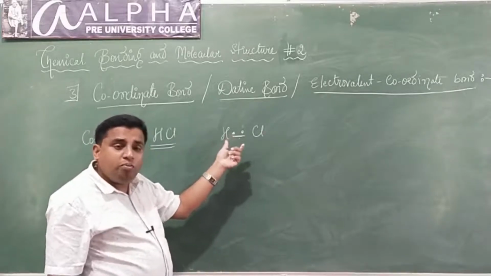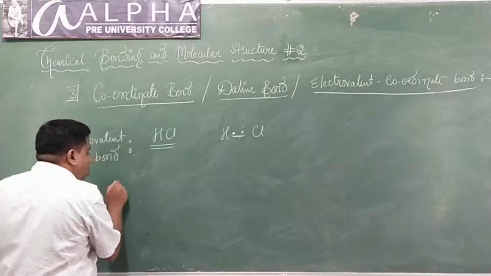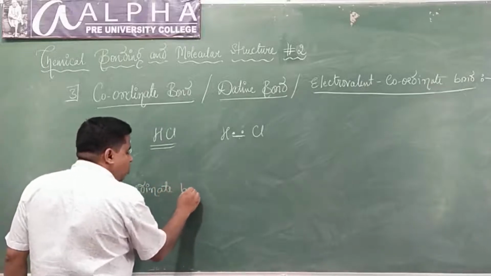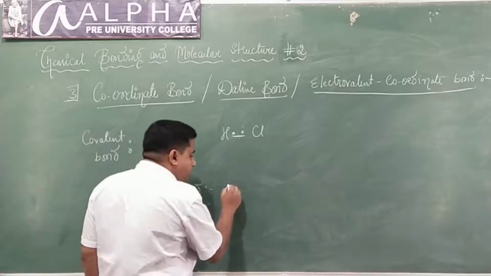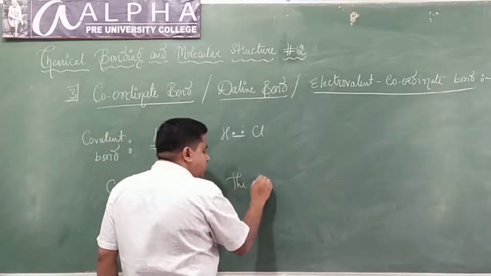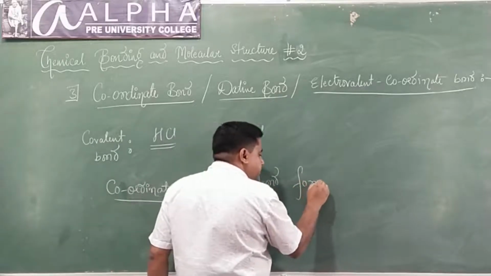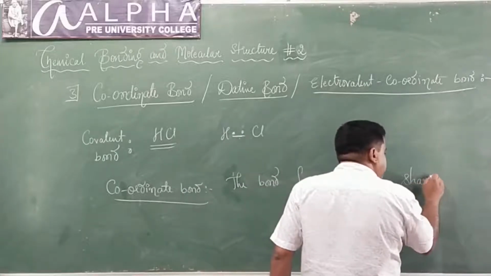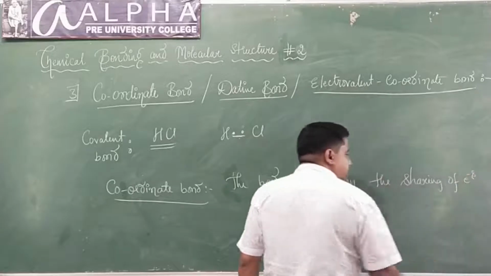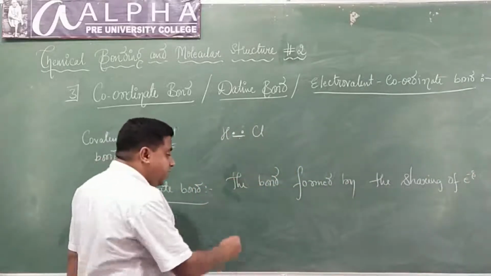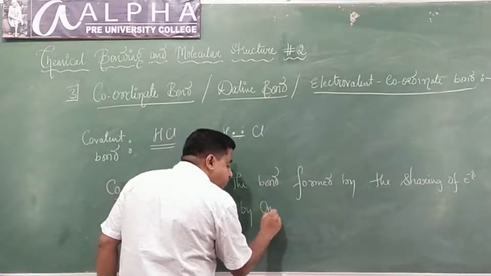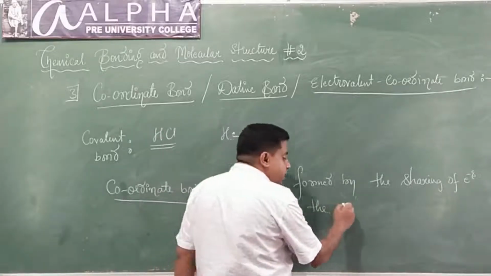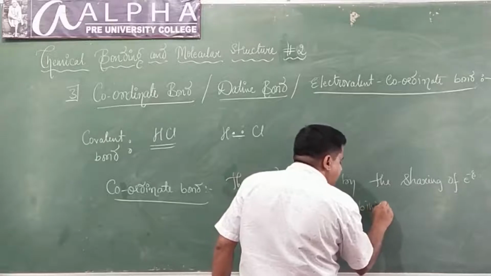So a covalent bond is formed by mutual sharing of electrons, but a coordinate bond is also formed by sharing of electrons, but the electrons are shared by only one of the combining atoms.